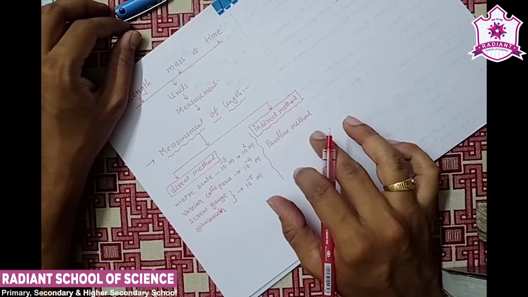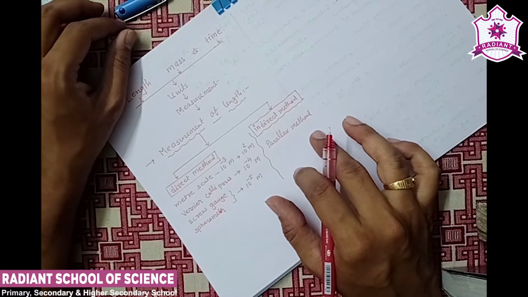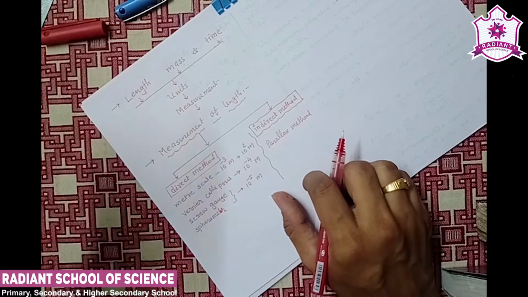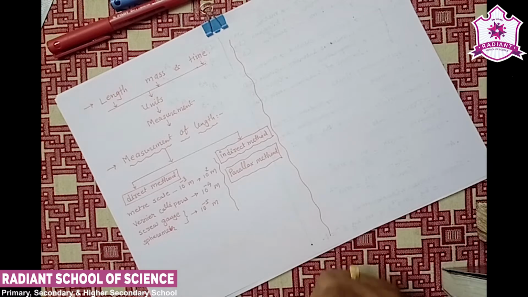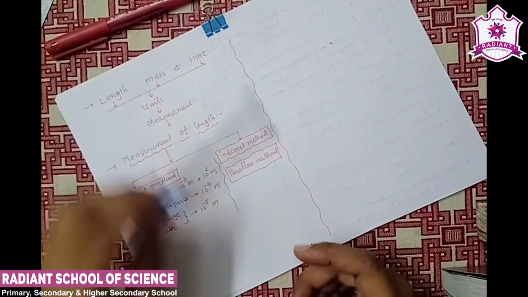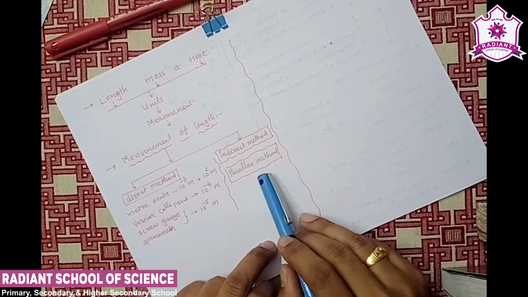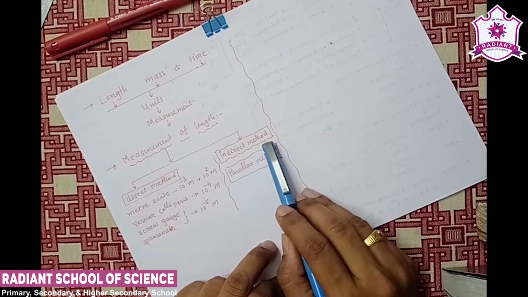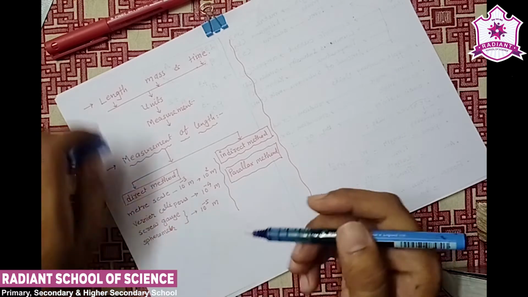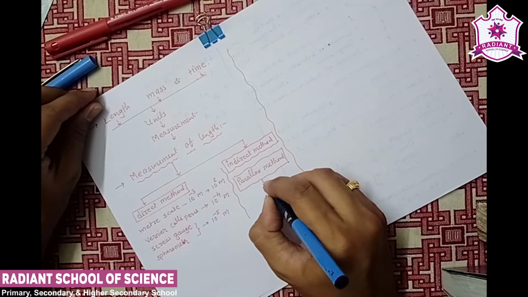Now, what we do in this method, we will discuss in detail. Our new question is, what is this parallax method? The parallax method is an indirect method to measure long distances.